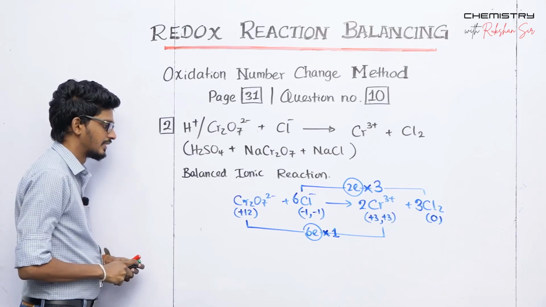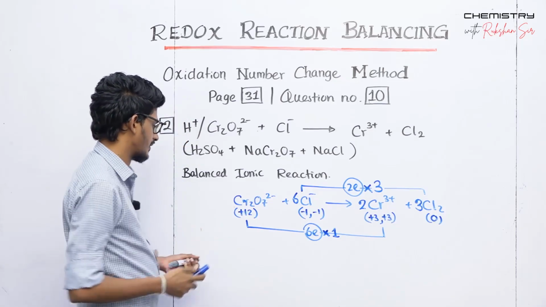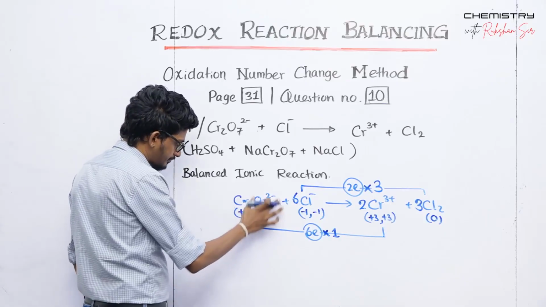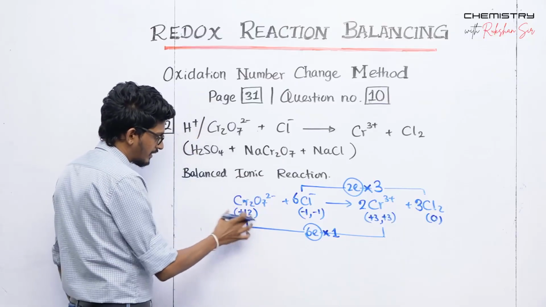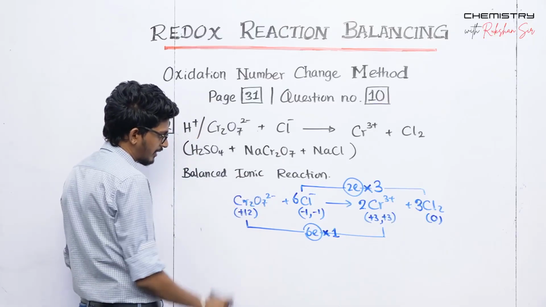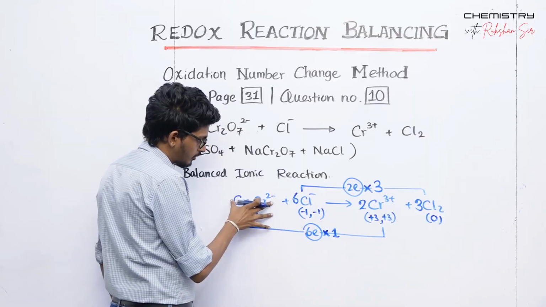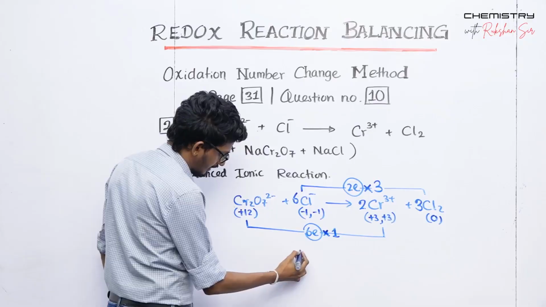The third step is actually balancing the net charge on both the sides. So on the left hand side, the charge of this thing is -2. You have one particle with -2 and 6 particles with -1, so -2, -6, that means -8 altogether.